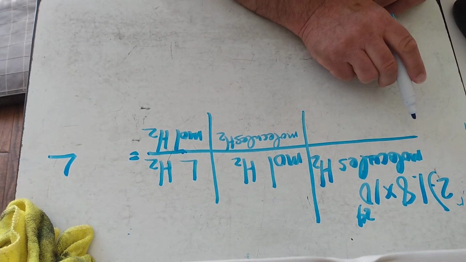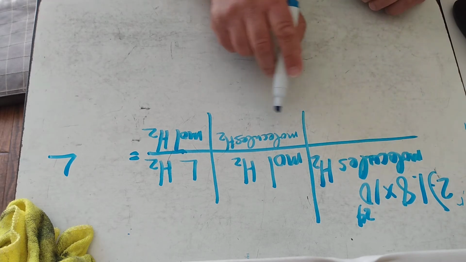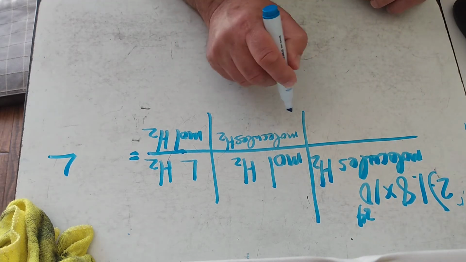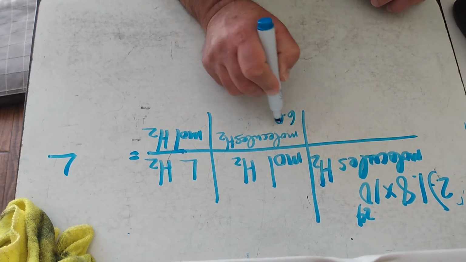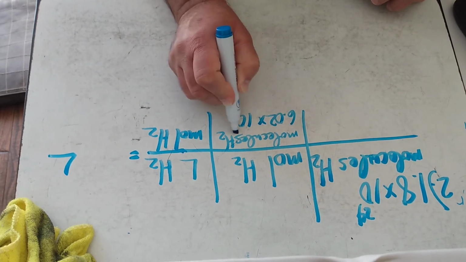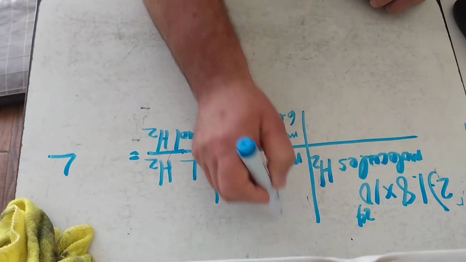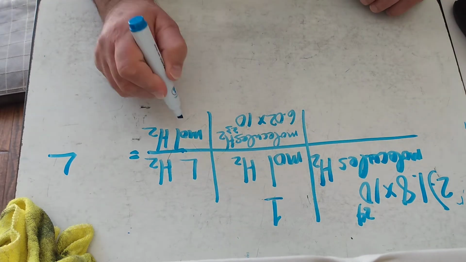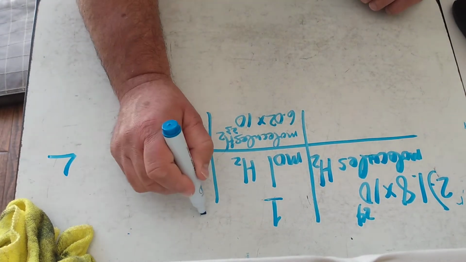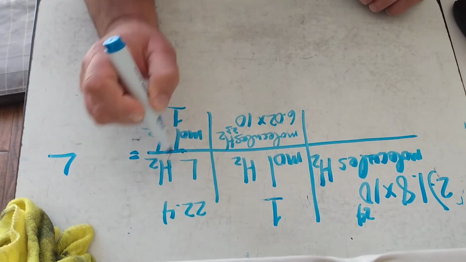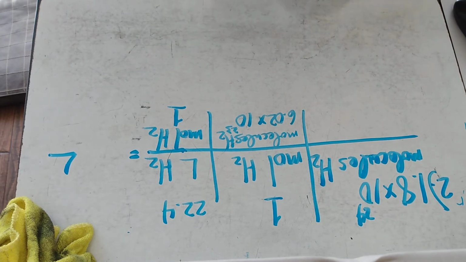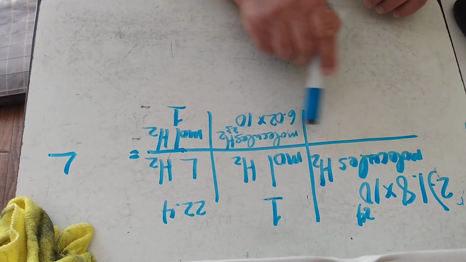How many molecules? We know it's 6.02 times 10 to the 23rd equals 1 mole. And then 1 mole is equal to 22.4 liters.